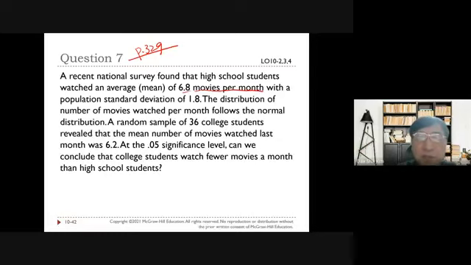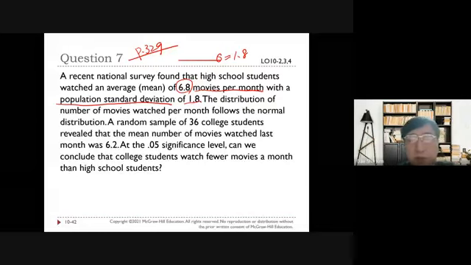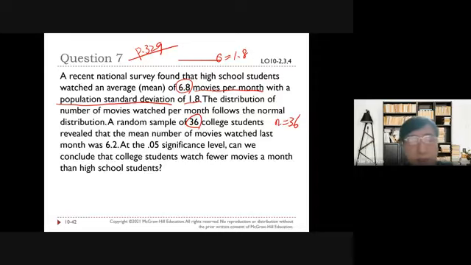The average is 6.8, with the population standard deviation sigma of 1.8. The distribution of the number of movies watched per month follows a normal distribution, and a random sample n is 36 reveals that the mean number of movies watched last month was 6.2.